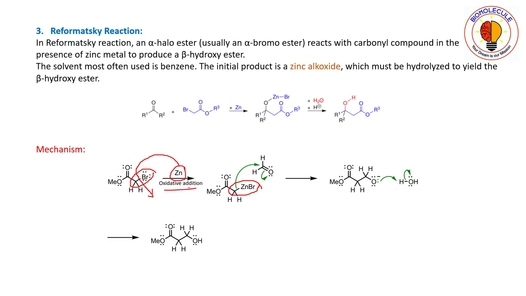And why is it known as oxidative addition? If you see the oxidation state of zinc, here the oxidation state of zinc is 0, but if you look into this product, here the oxidation state of zinc is plus 2.